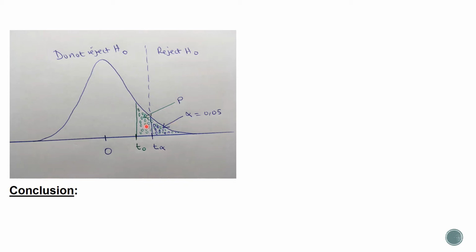But in this case, as you can see, we've realized that p is actually greater than alpha. That's to say there is more probability that the result that we've obtained would be due to random sample error, even if at all there's a difference.